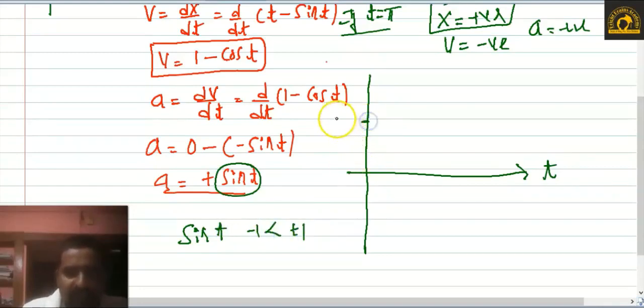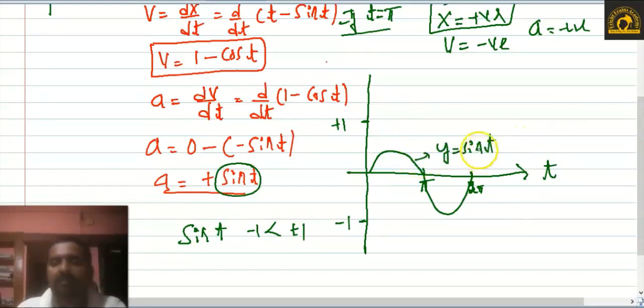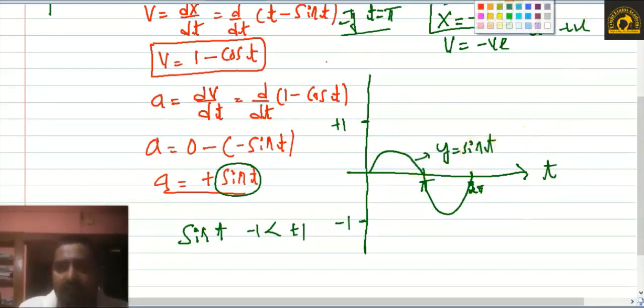So this is +1 and this is -1. This is pi and this is 2 pi. So this is y is equal to sine t.